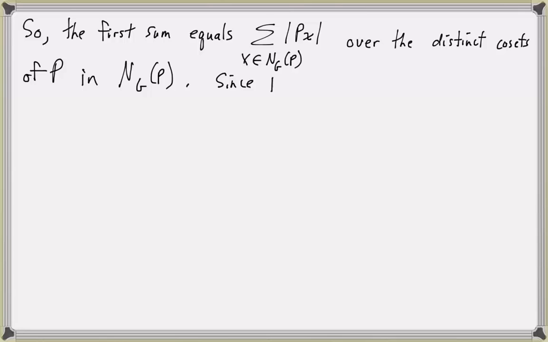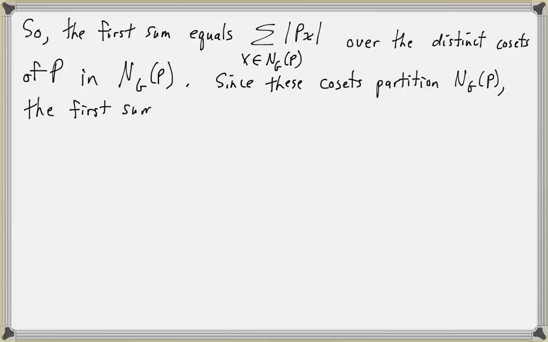So since these cosets partition the normalizer, if you sum up the orders of all these distinct cosets, you just get the order of the normalizer of P. So the first sum just equals the order of the normalizer of P in G.